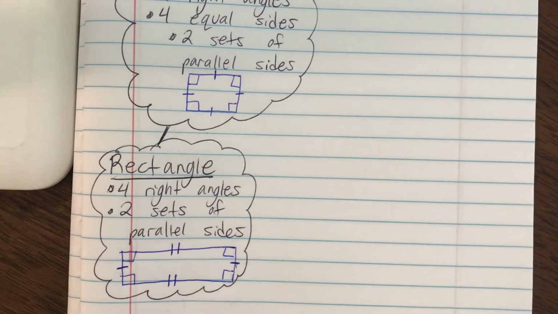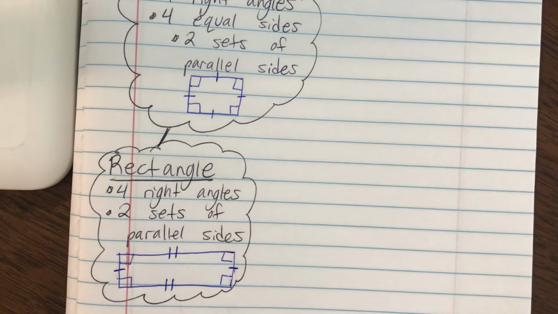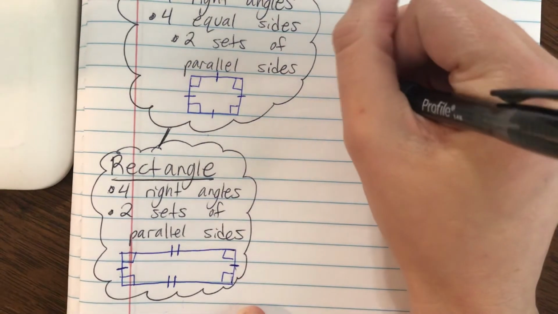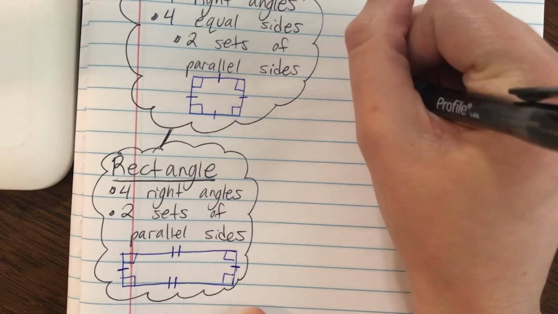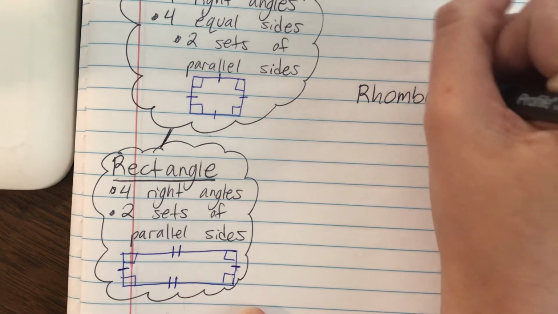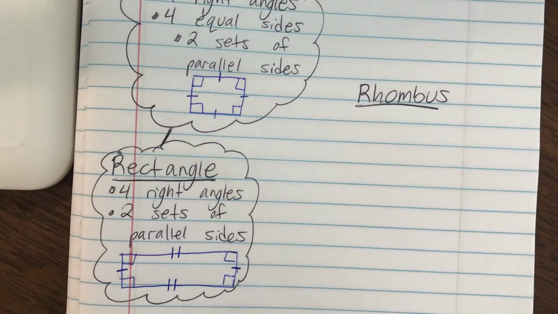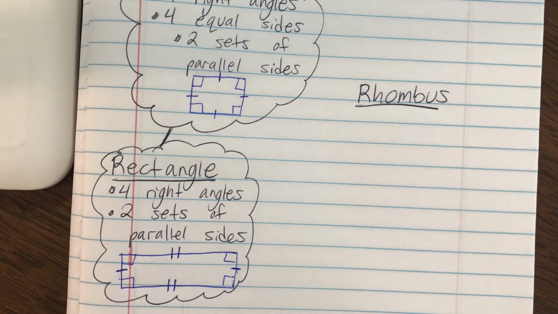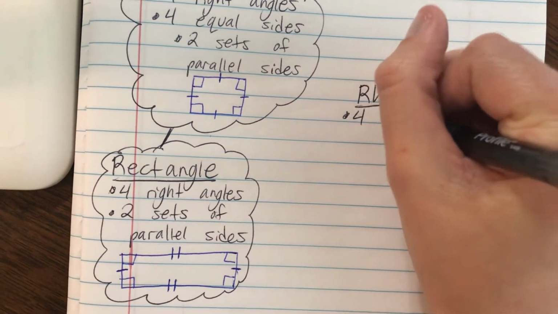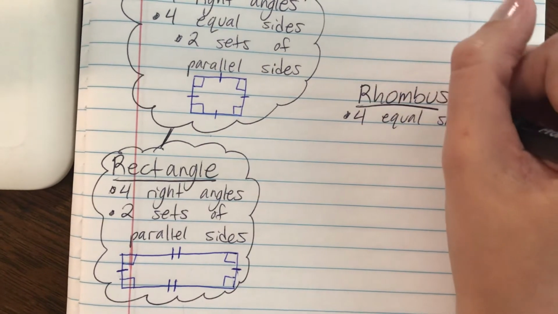The other shape that a square can transition into is going to be a rhombus. So we're going to put rhombus right over here. And the way that a square can transition into a rhombus is that it is going to have the 4 equal sides.